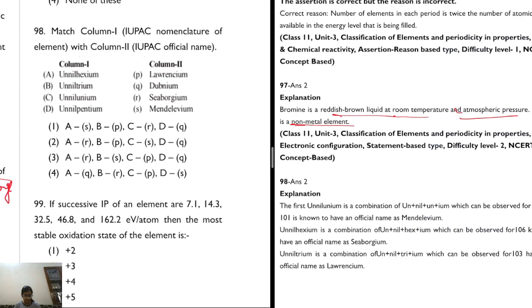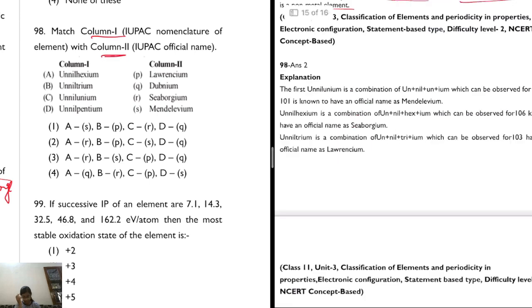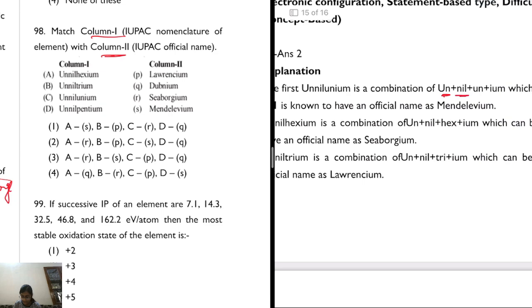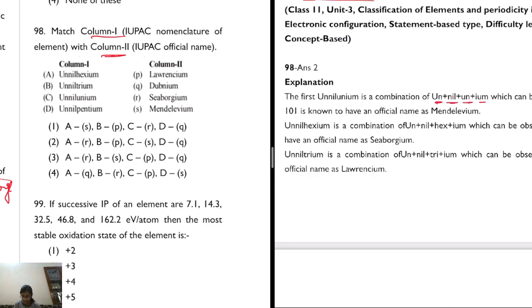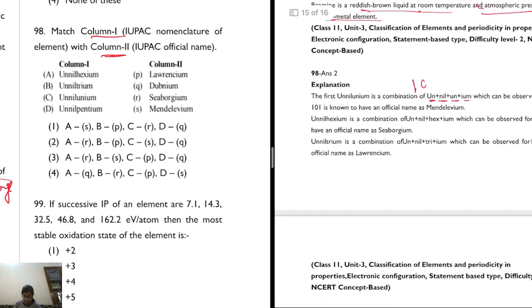Match column 1 with column 2. See, we have to match these. You have to learn this. Unnilunium would be, see how it is made: un plus nil plus un plus ium. That is 101.